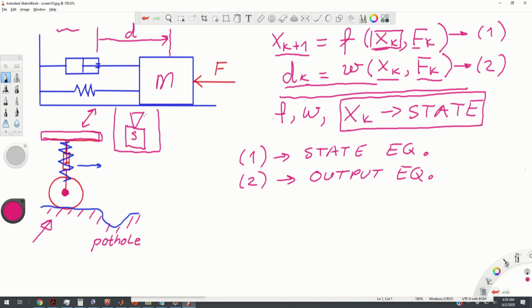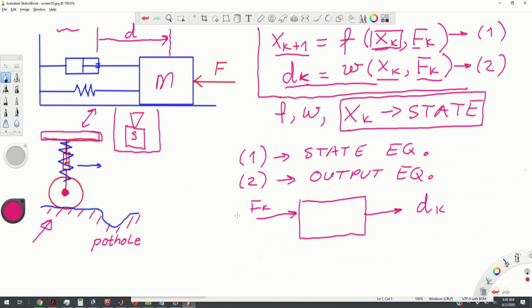So this equation tells you that you're basically measuring only the displacement. You're not measuring the velocity. And that's why it's called the output. Output is information that we extract from the system. Fk is an input to the system. So this mathematical model of the system has the following representation. So for known Fk, we can compute displacement at time instant k.